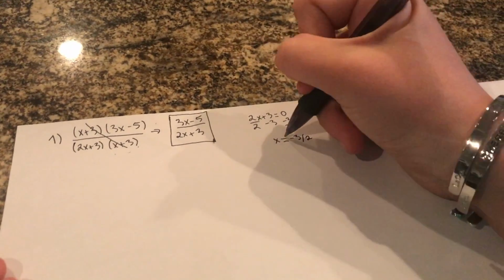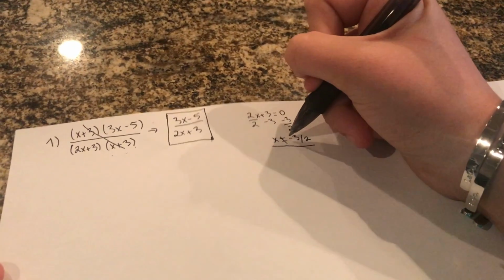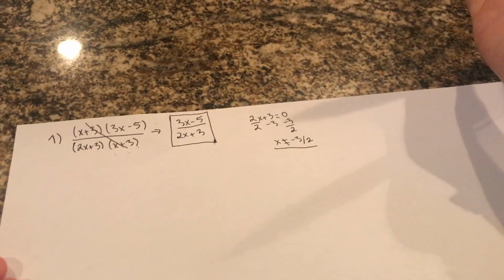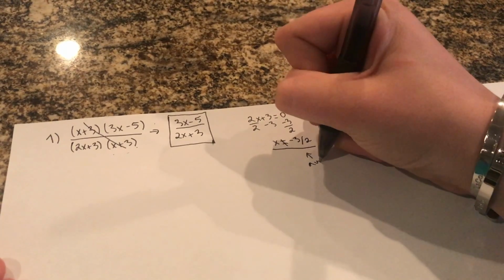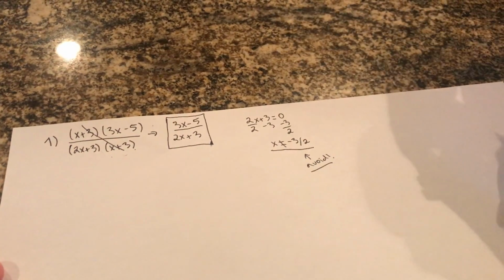So you put a little dash through the equal sign to show that x cannot equal that value. I'm going to write a note to myself that says avoid, because you've got to avoid that number.